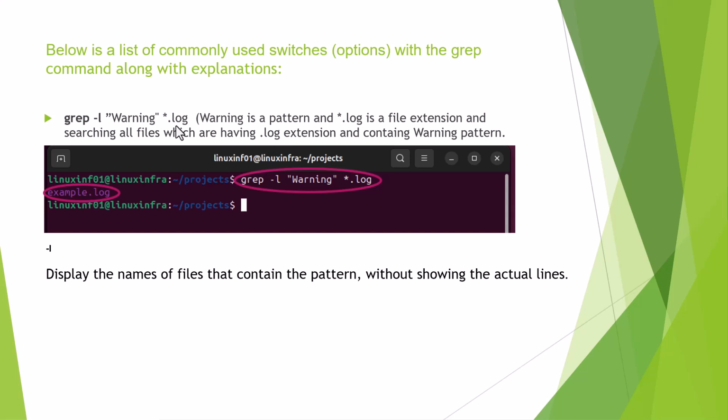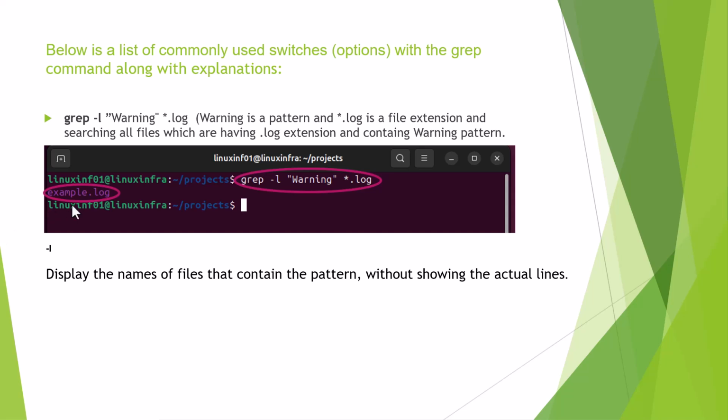If you have written .txt, this will search the .txt file extension and files containing the warning pattern. Suppose you have multiple files and all of them have this warning pattern, this will display all the files, first, second, third or fourth, wherever the pattern exists.